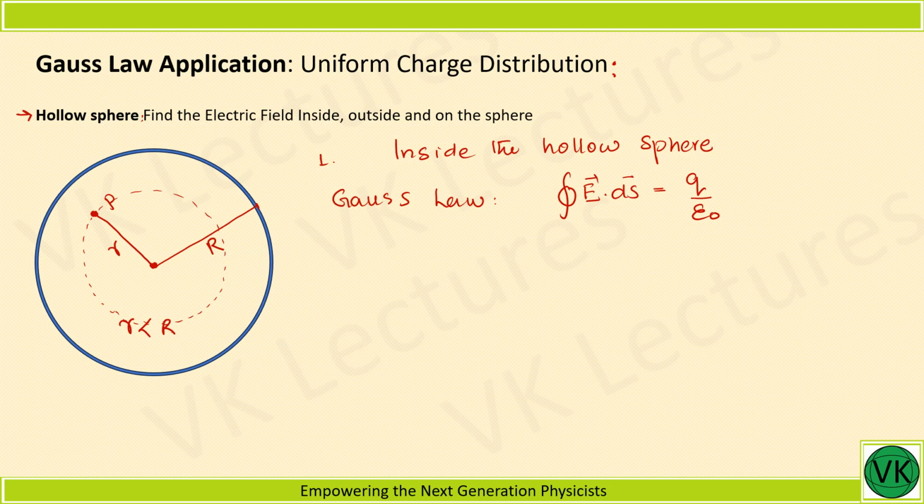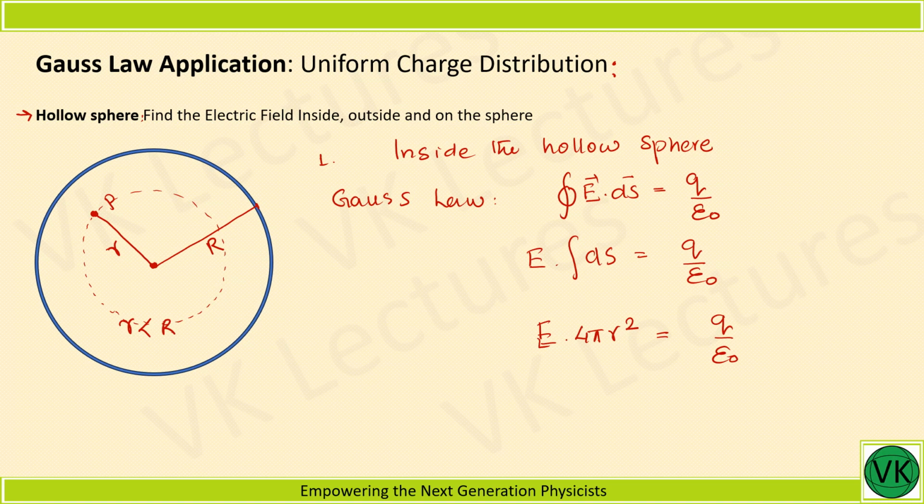Since electric field is the same, E into integral ds equal to q by epsilon naught. So integral ds is nothing but the surface area of the sphere formed by the radius small r. So that's E into 4 pi r square equal to q by epsilon naught.